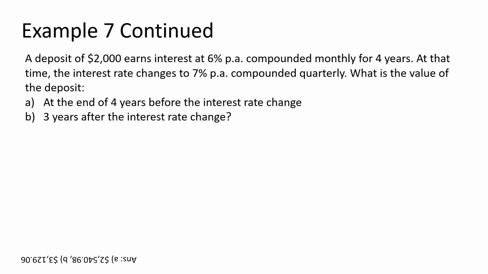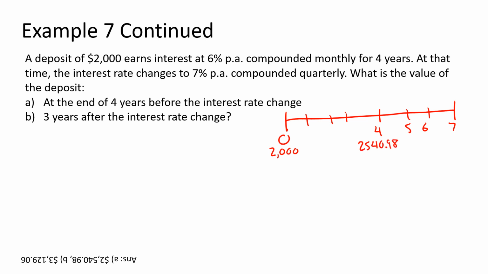So switching to our other slide again, just so we can fit all of this. Remember, we started at time 0 with $2,000. We're now 4 years in the future, and we have $2,540.98. And we're trying to get to year 7, because we have a different interest rate and a different number of compounding periods per year.